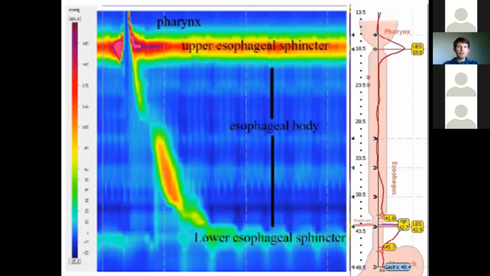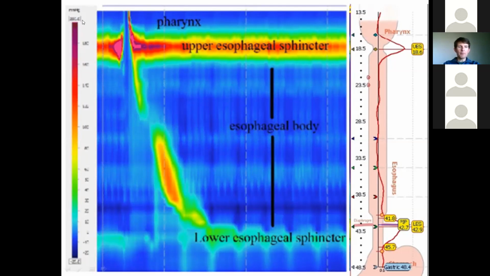High resolution manometry looks essentially like this. You have on the x-axis time, on the y-axis the anatomic location in the esophagus, beginning in the pharynx, going down through the upper esophageal sphincter, the esophageal body, and then the lower esophageal sphincter and into the stomach. So this is a basic normal appearing peristaltic swallow. The anatomy of that includes contraction up in the pharynx, relaxation of the upper esophageal sphincter, and then followed by a nice peristaltic swallow all the way down through the LES.